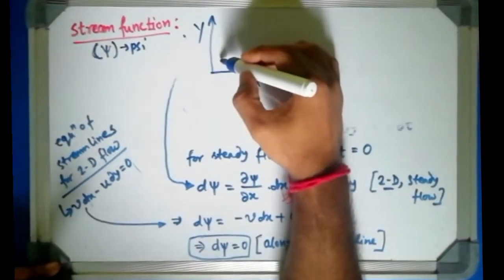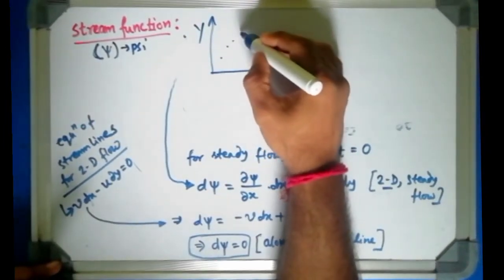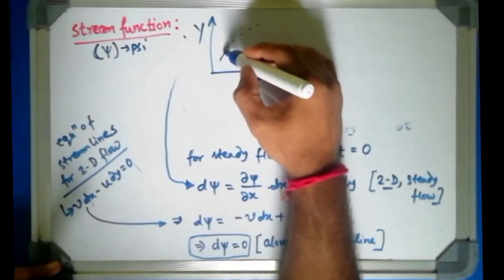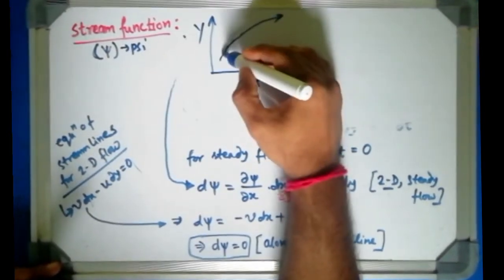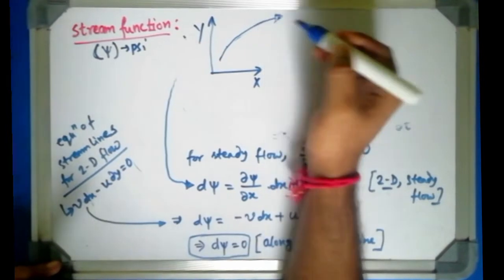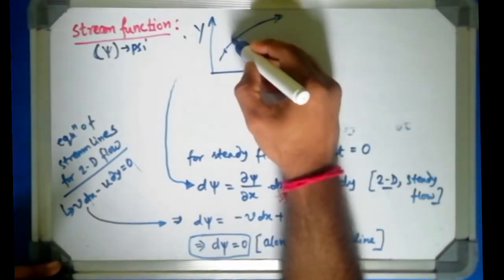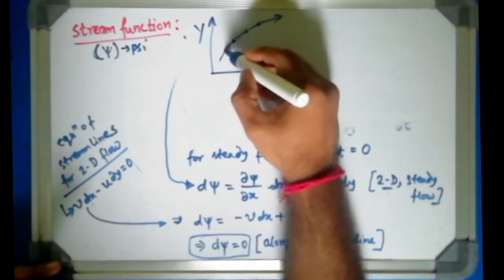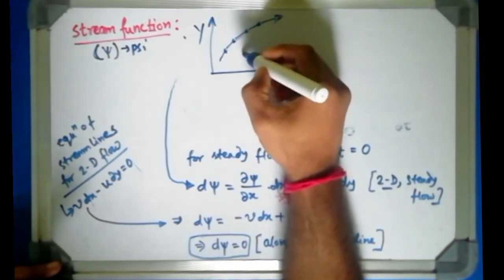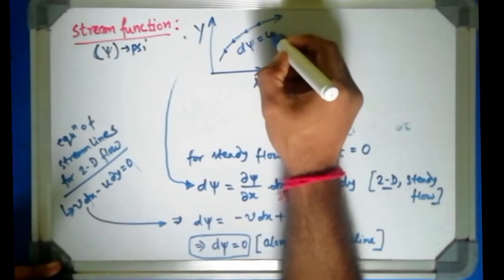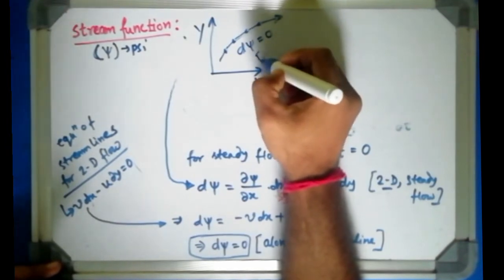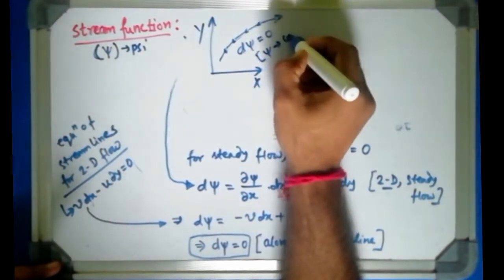Suppose all those velocity points I am getting like this, so it is a kind of streamline I am drawing. Consider there is a streamline, and at every point on this particular streamline I can write d psi equals 0. So that means psi is constant along a streamline.